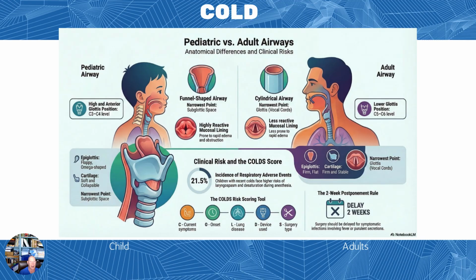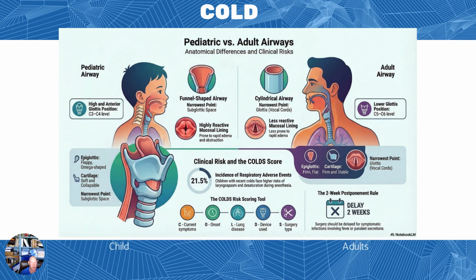Talking about just the vocal cords and the anatomy, where the vocal cords are, we will then also talk about normal, and then we'll talk about the abnormal, where we see laryngospasm. But let's first talk about the normal airway.